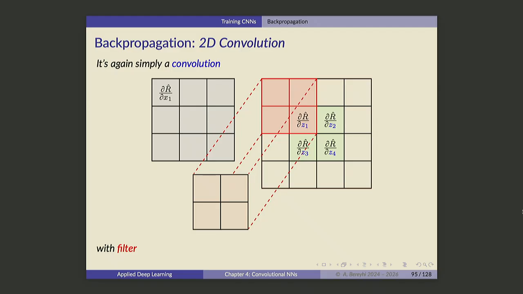W1. So where should W1 sit on this filter? Where should it sit? Any idea? Where should W1 be? Should it be on the top left corner?